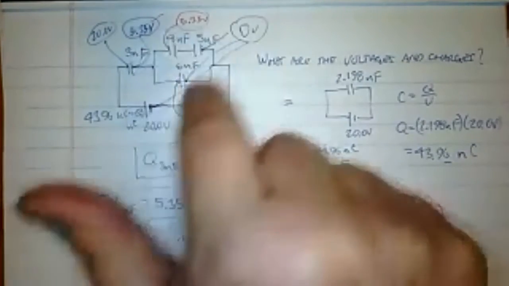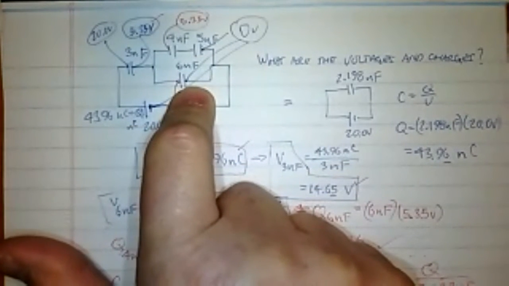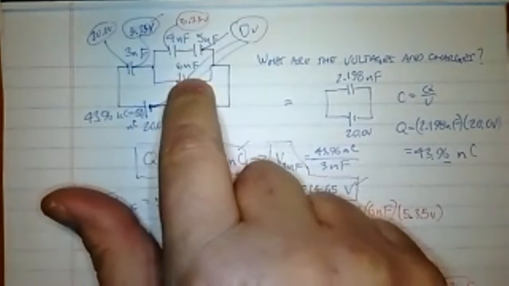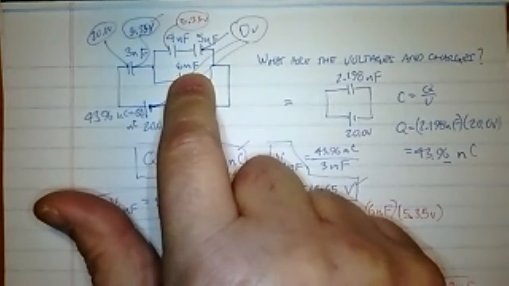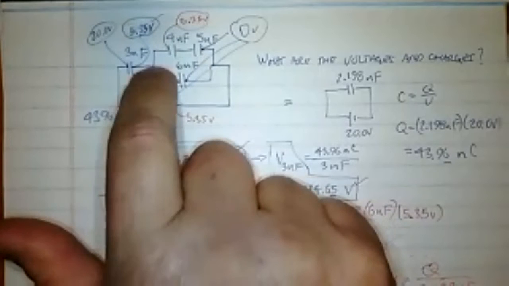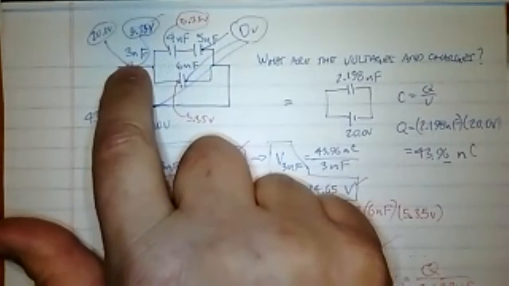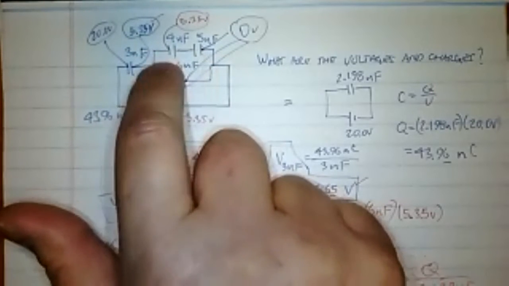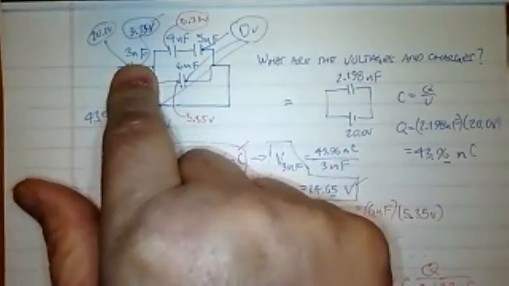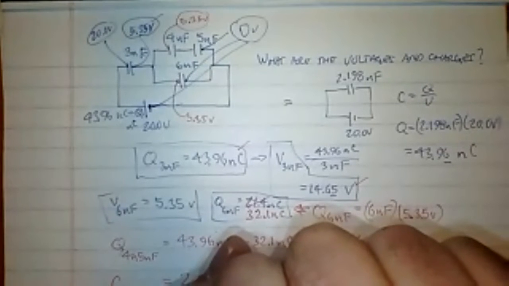Then if this whole block was replaced, that would have to be replaced with an 8.22 nanofarad capacitor, because the 2.22 added to 6 gives me 8.222. And then I combined that 8.222 nanofarad capacitor with this 3 nanofarad capacitor that's in series, and I ultimately got 2.198 for the equivalent capacitance of the whole thing.